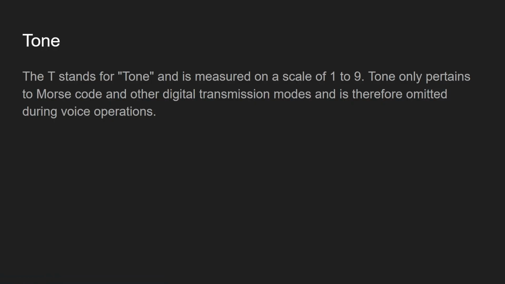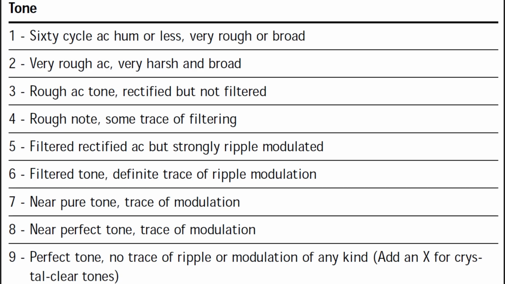Tone is measured from 1 to 9, and this is only used when you are typing the Morse code. If you use your voice to transmit the signal, you use the mic to input your signal, then you don't have to talk about the T. Basically, 1 is the worst, and 9 is perfect tone.